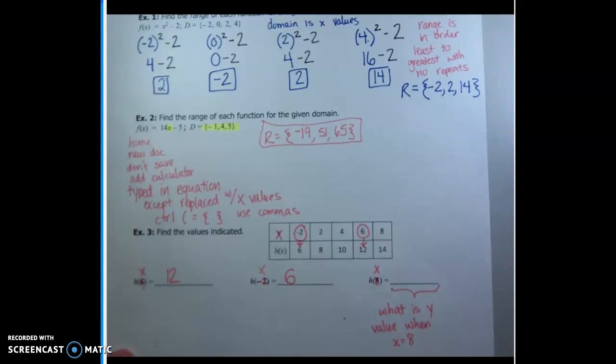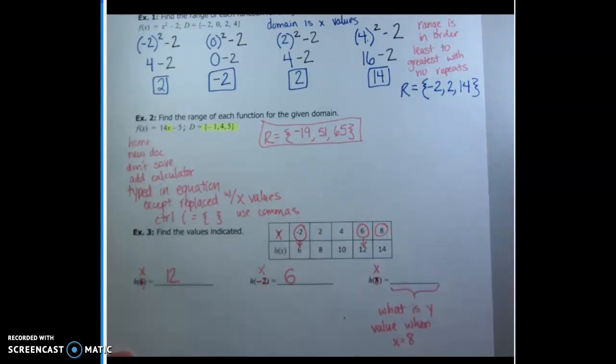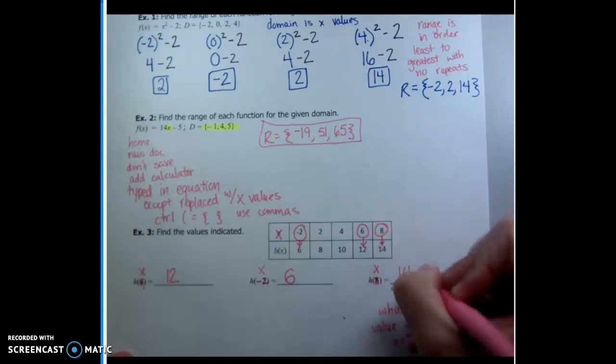What is the y value when x equals 8? First you find 8 on the table in the x row. Here it is. Now I'm finding the y value. 14.